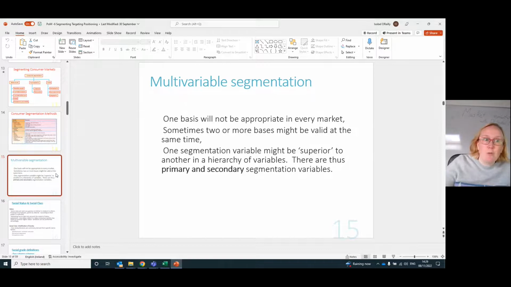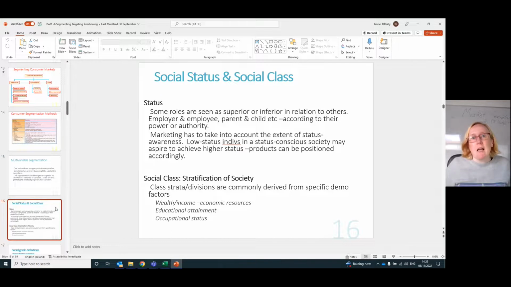So we're going to go down through a lot of those options, but typically it's not just one basis, it's multiple bases, bases being plural of basis. And we can have a primary or a secondary segmentation variable. So we're going to look at some now, and we're going to start with social class and social status.